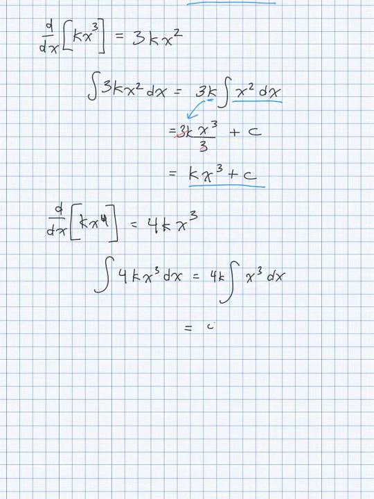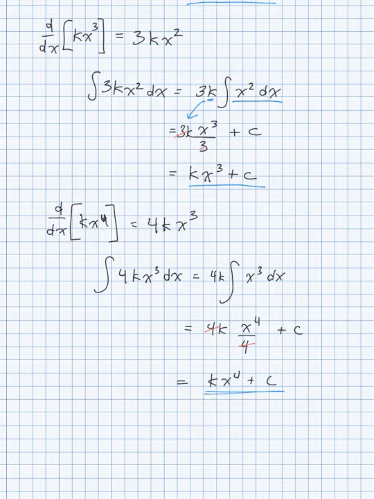And so we have 4k times x to the 4th over 4 plus this constant of integration. Again, the 4's cancel, and so we have kx to the 4th plus c.